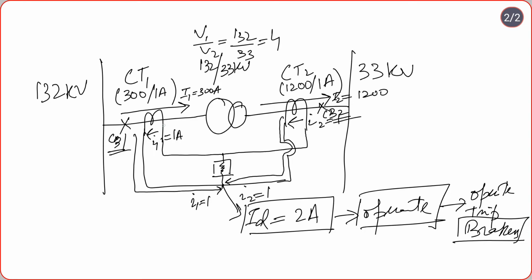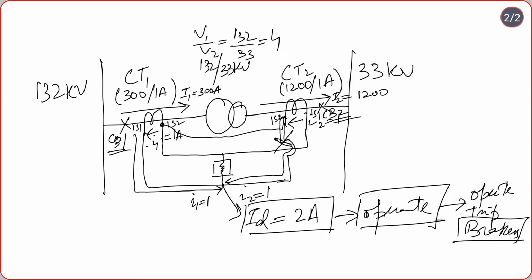Let us suppose this is 1S2 and this is 1S1, and this is 1S2 and this is 1S1. So 1S2 should be connected to 1S1, and this is the wrong connection because we had connected 1S2 towards 1S1 here.